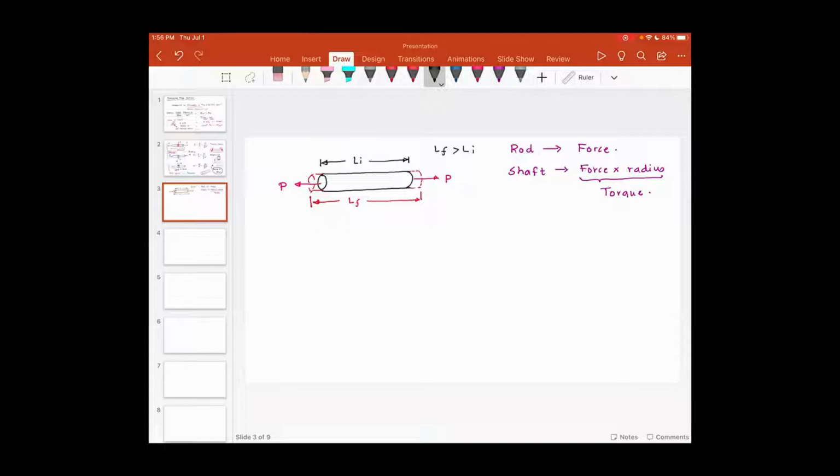So here comes the concept of strain. Strain is by definition the change in the length divided by the original length.